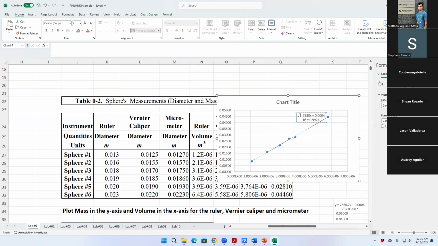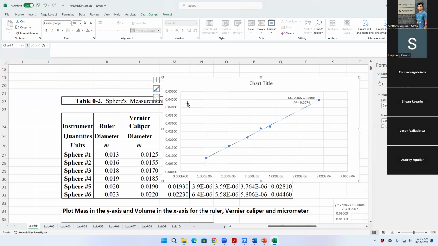Oh, okay, it's not working for some reason. Let's see here. Yeah, now it worked. What is y is in reality the value for the mass. What is x is in reality the volume. So the m is going to be just this equation that you obtained from the regression equation.